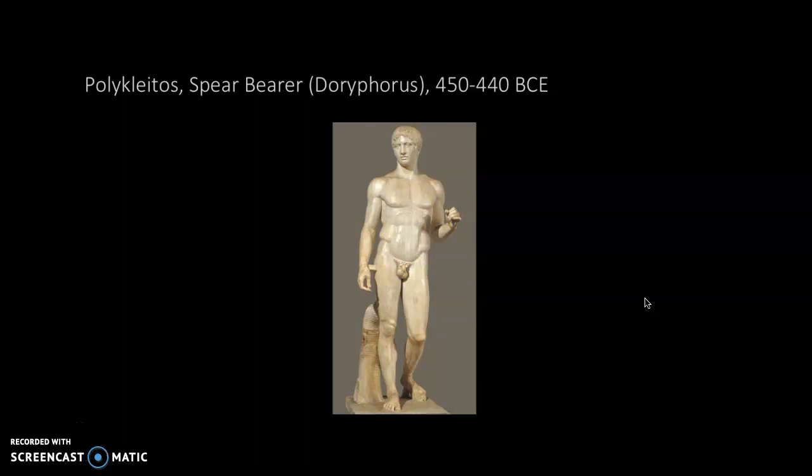And he represents what's called the canon, C-A-N-O-N, not like the weapon, of Polykleitos. And Polykleitos, our artist here, developed this mathematical system of ideal body proportions, relating parts to parts and parts to the whole, to break down the human body into mathematical proportions to make it as idealized, as perfect as possible.